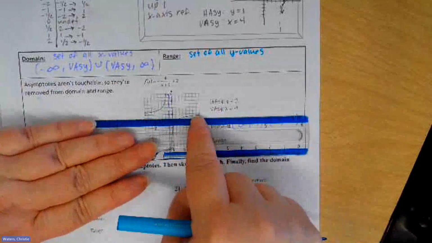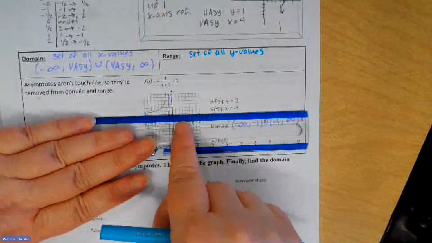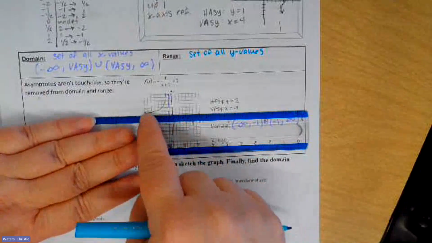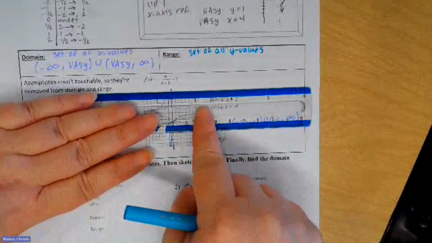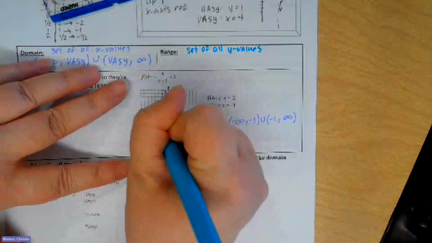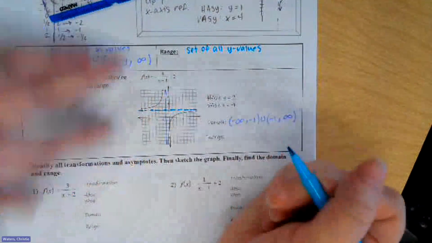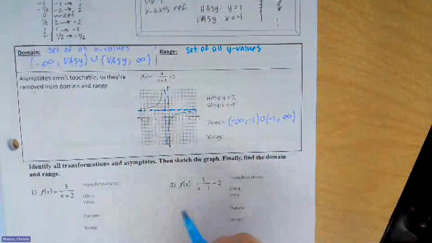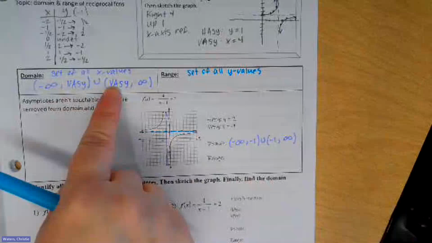But then the graph kind of stops here, like it tapers off here and stops on that asymptote. But then it picks up again up above it and continues on to +infinity. So this horizontal asymptote is what interrupts my range. So my horizontal asymptote is going to be the interrupter, just like the vertical one was here.